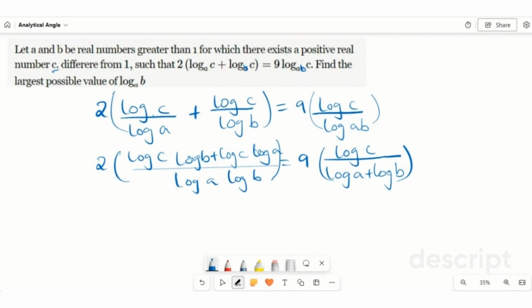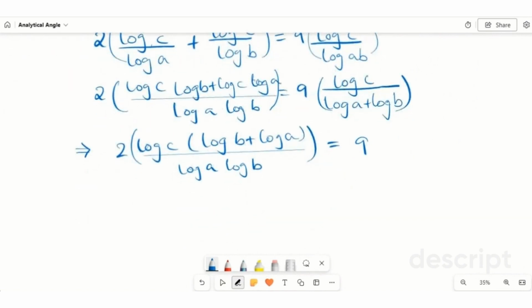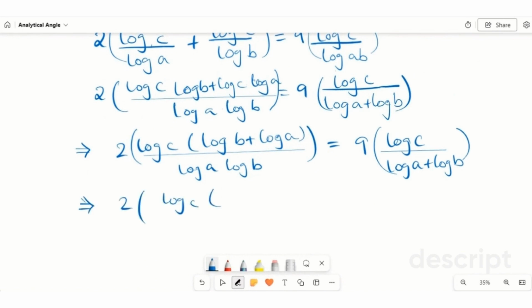Now on the left hand side, we can take log C common and write it as 2 log C into (log B plus log A), entire thing by log A into log B. And this is equal to 9 log C by log A plus log B. So now we can write this as 2 log C into (log B plus log A) whole square is equal to 9 log A log B log C. We just cross multiplied between the RHS and LHS.